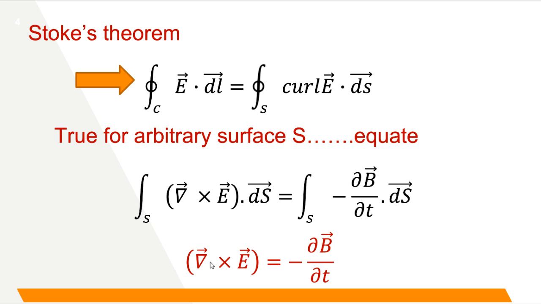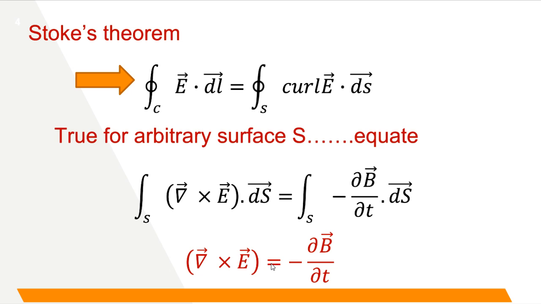Again observe it: the space derivative of the electric field at a particular point is equal to the time rate of change of the magnetic field at that point. That means whenever the magnetic field at any point changes with respect to time, then at the same point an electric field is induced, or a potential difference is established, or an EMF is induced.